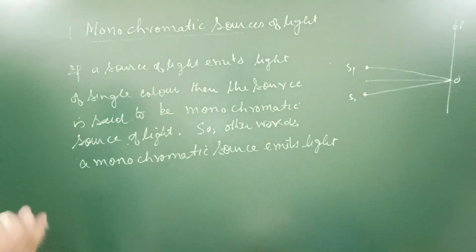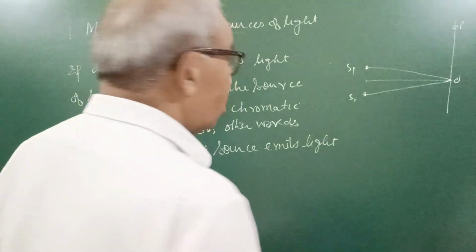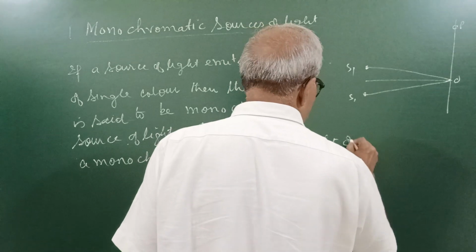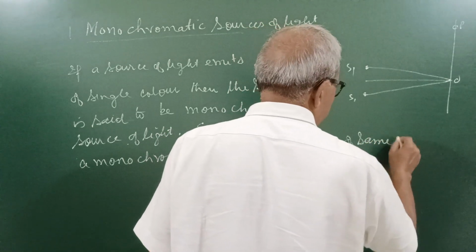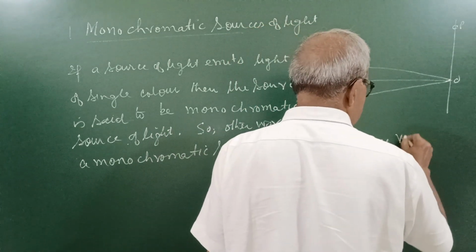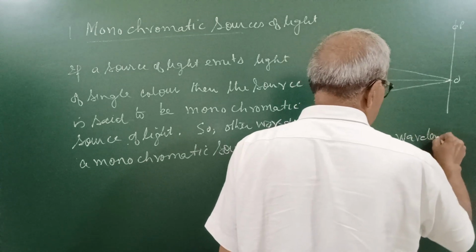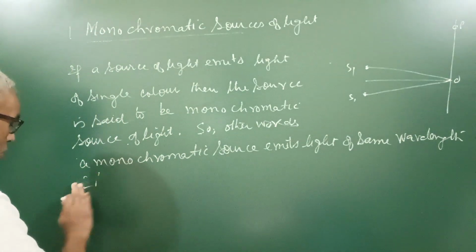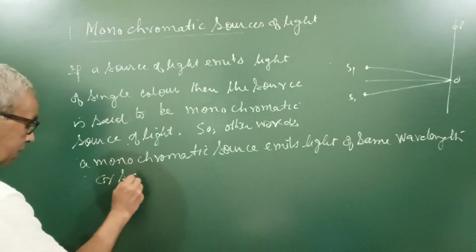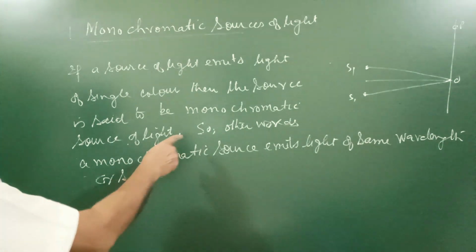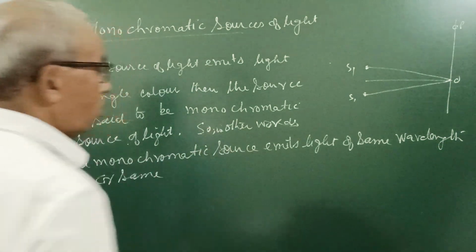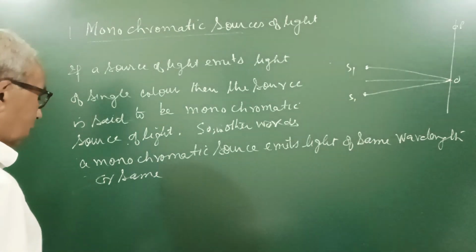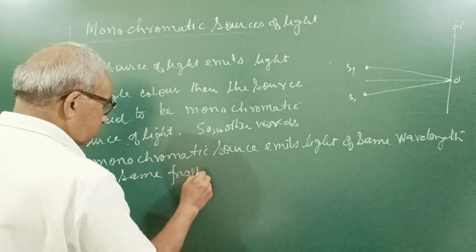Emit means it gives light from inside, not reflect, of the same wavelength and/or same frequency. So, in other words, a monochromatic source emits light of the same wavelength or the same frequency.